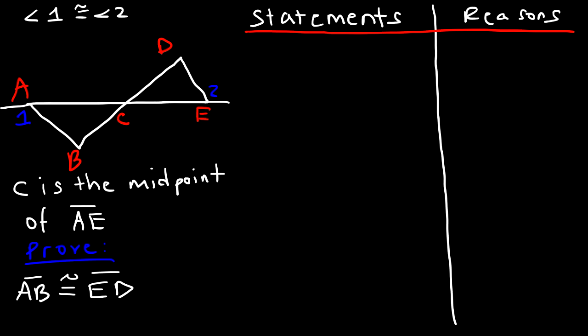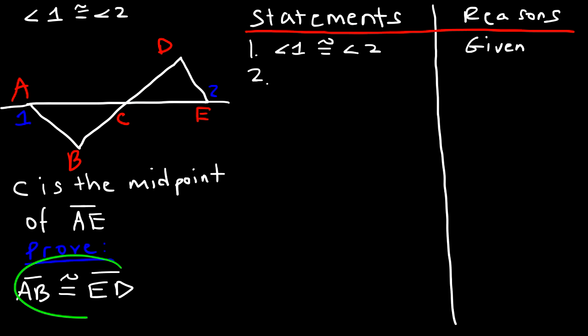So number one, let's start with the angle. So angle 1 is congruent to angle 2. So that's given. Now our goal is to prove that triangle ABC is congruent to EDC. If we can do that, using CPCTC, we can prove that this statement is correct.